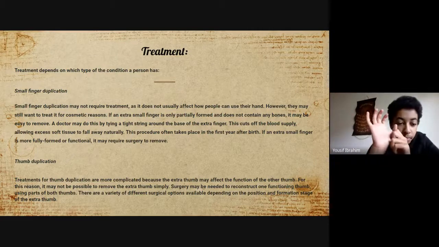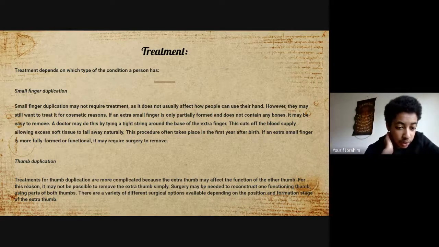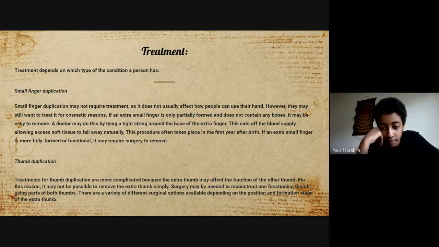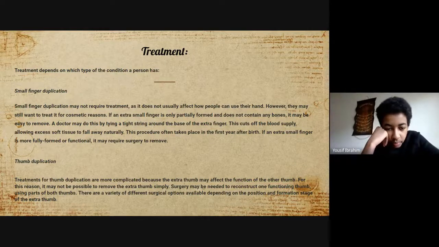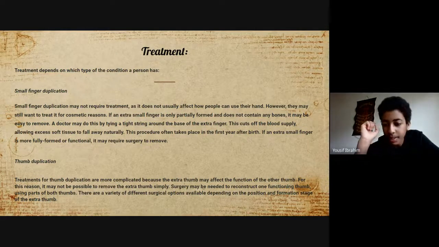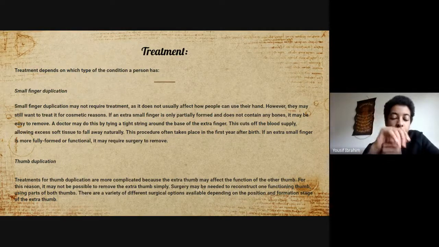There's then the thumb duplication. Treatments for thumb duplication are more complicated because the extra thumb may affect the function of the other thumb. For this reason, it may not be possible to remove the extra thumb simply. Surgery may be needed to reconstruct one functioning thumb using both parts of the thumb.